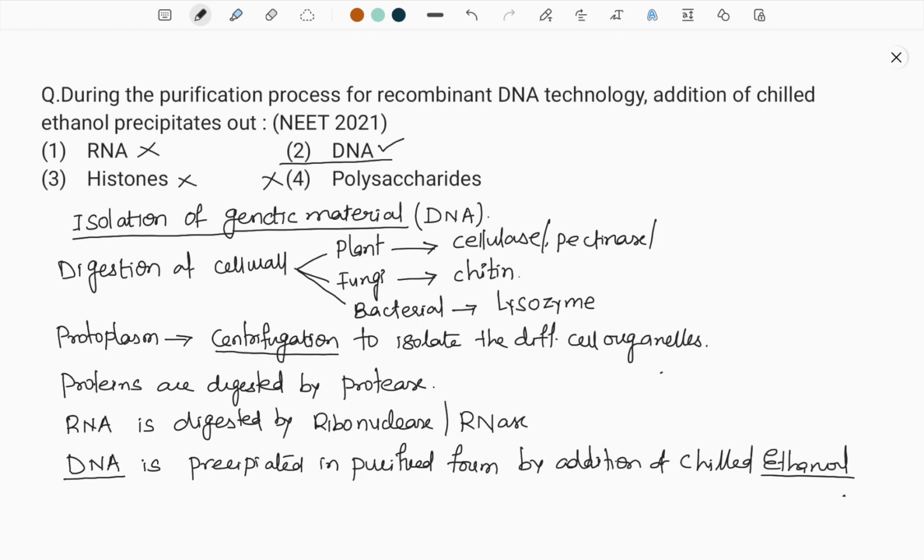The electrical stability of DNA is increased by association of the histone proteins. So that is about histone proteins, and here the right answer is DNA. It is one of the processes of recombinant DNA technology, chapter Biotechnology: Principles and Processes.